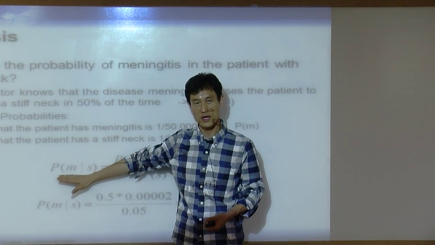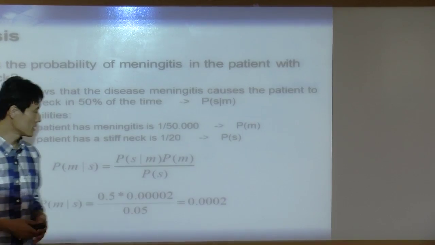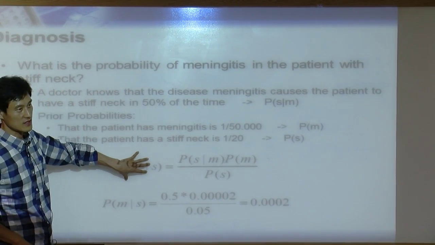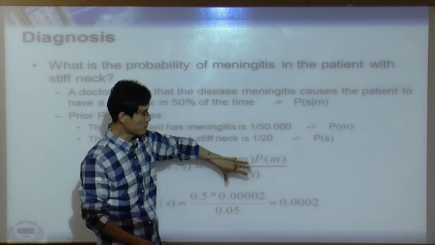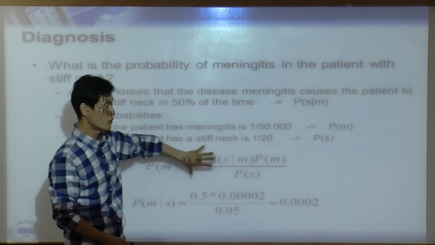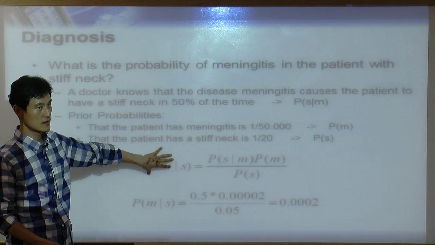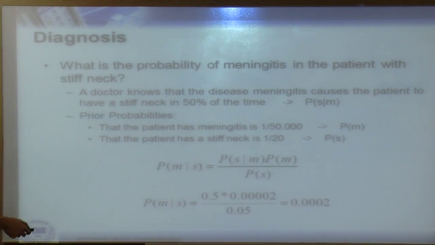This is what we want to get. And typically, this is not easy to get in general. So that's why using these three and putting them together like this, we're going to calculate this one. That's what we are trying to do here.